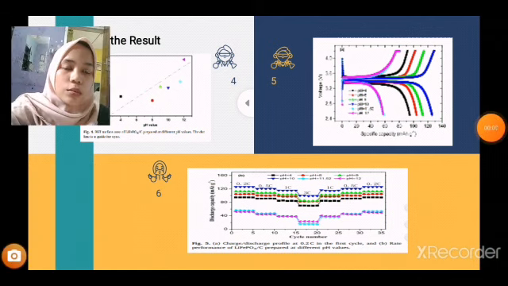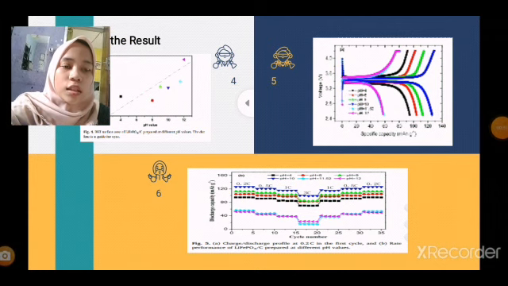Next, picture number 5. Picture number 5 shows the charge or discharge profile at 0.2 C in the first cycle for the lithium iron phosphate C prepared at different pH values. The results in picture number 5 show that firstly, the discharge capacity of the final product increased with the increase of pH value.